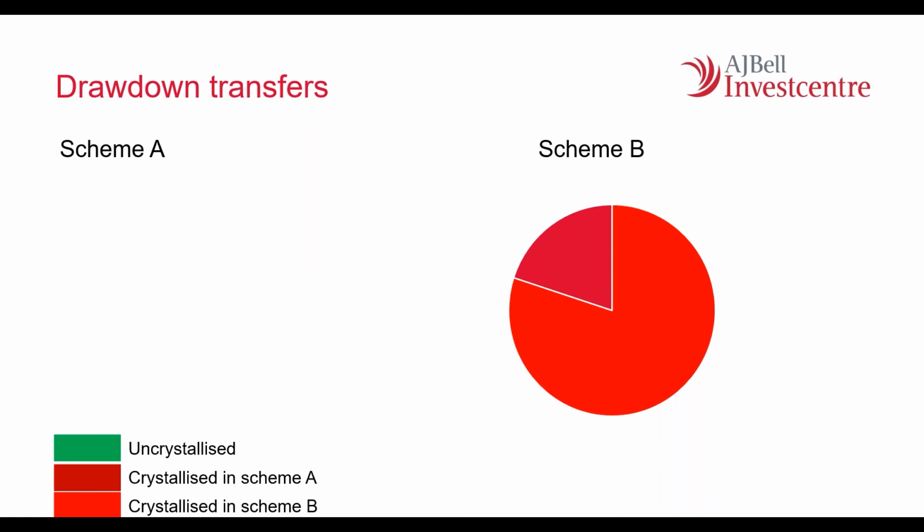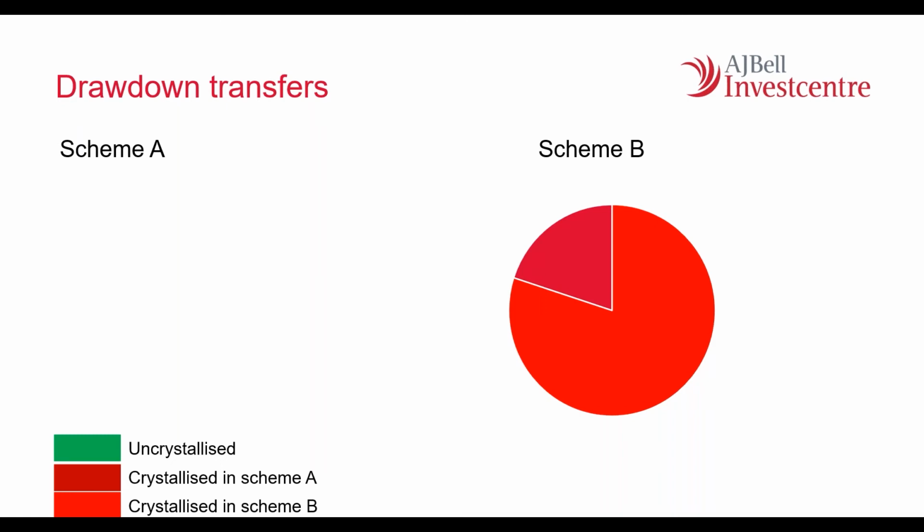Others, like Investcentre, just notionally earmark. So your investments aren't split. It's just a notional split, and then depending on when you draw down, that will change that notional split between the arrangements.